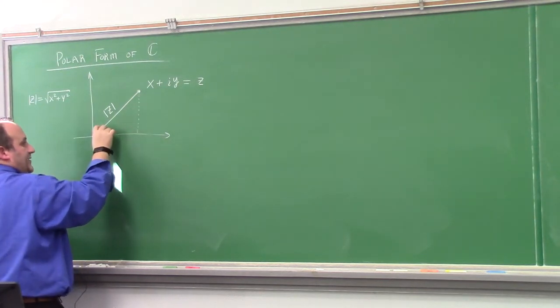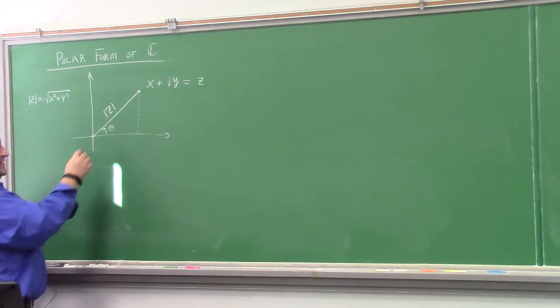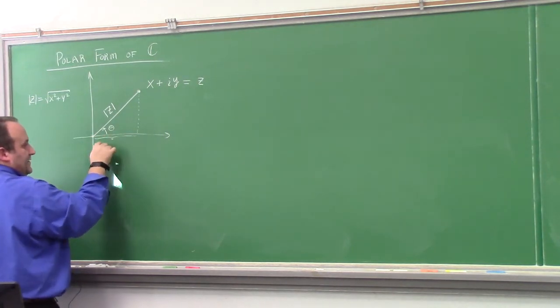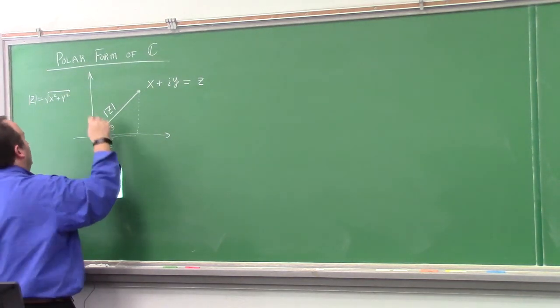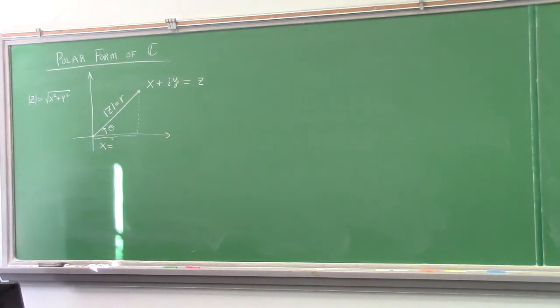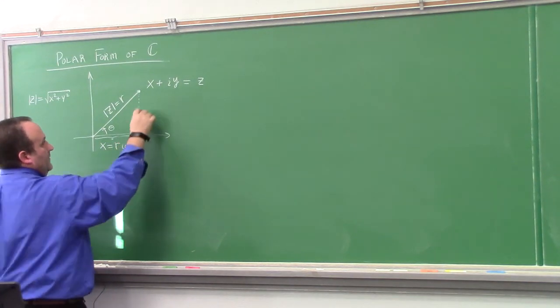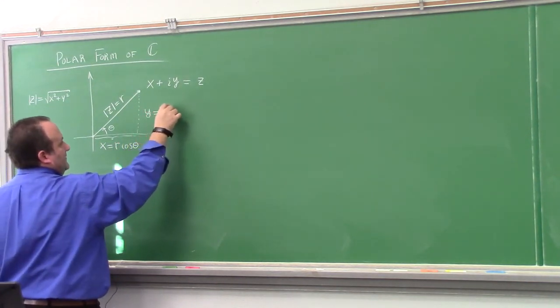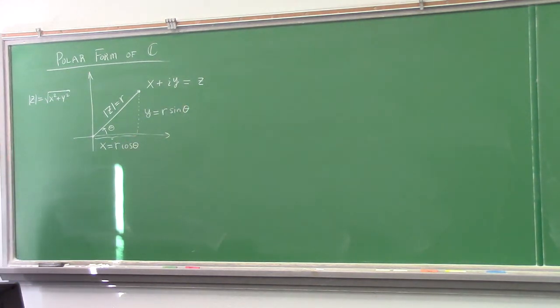And so we can do a little bit more though, right? If this is the standard angle theta, we know that x is equal to, and we usually call this r in polar coordinates, right? So x is equal to r cosine theta, y is equal to r sine theta, right?